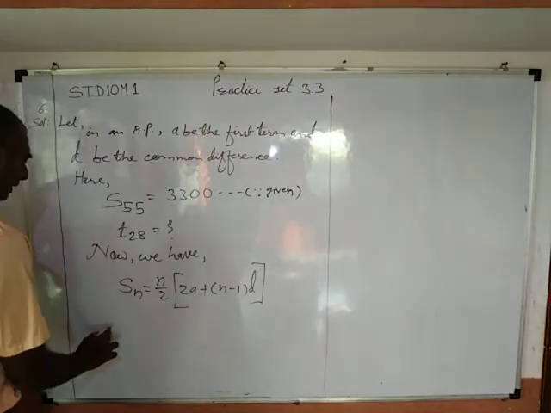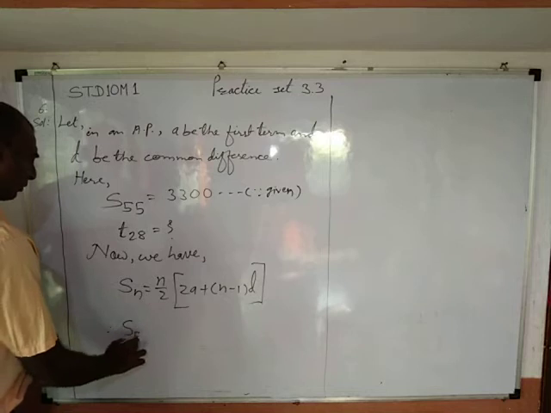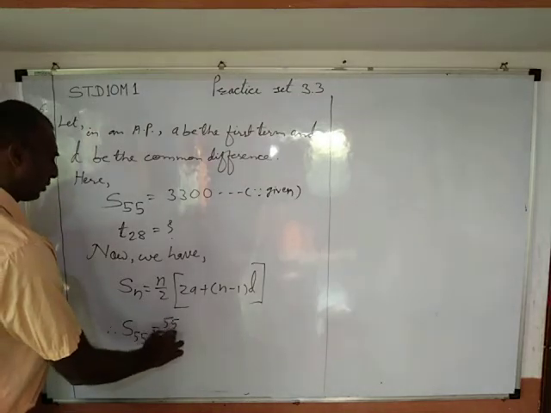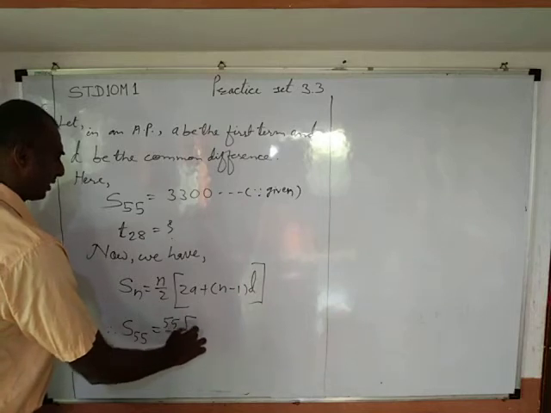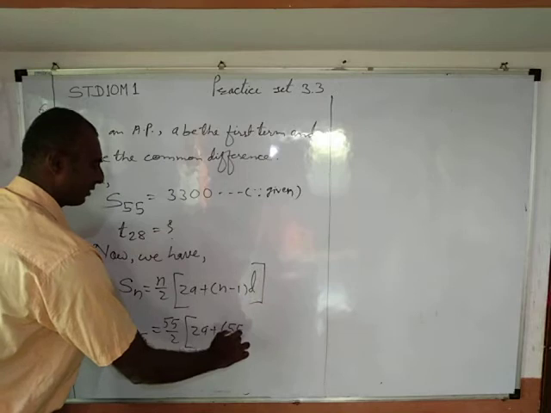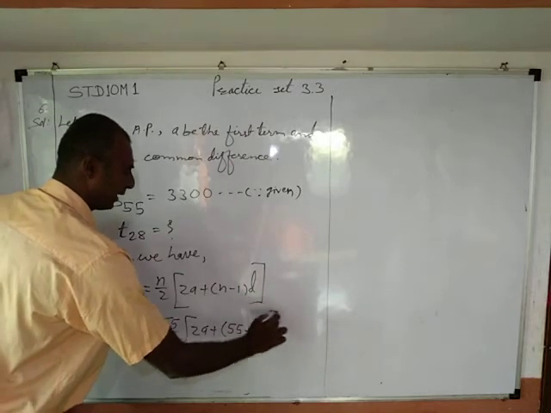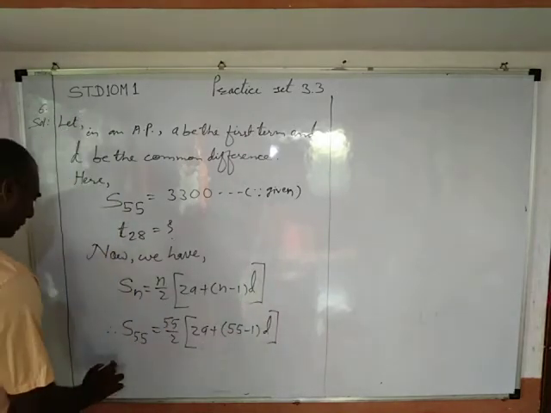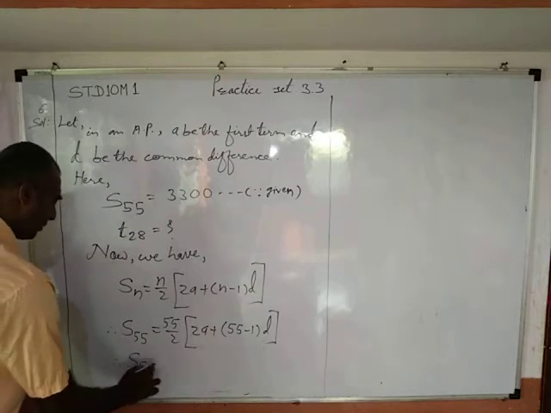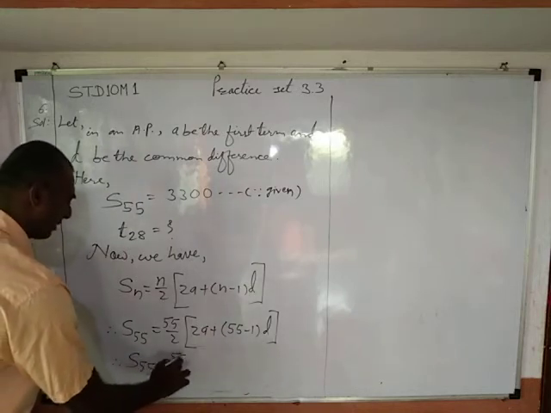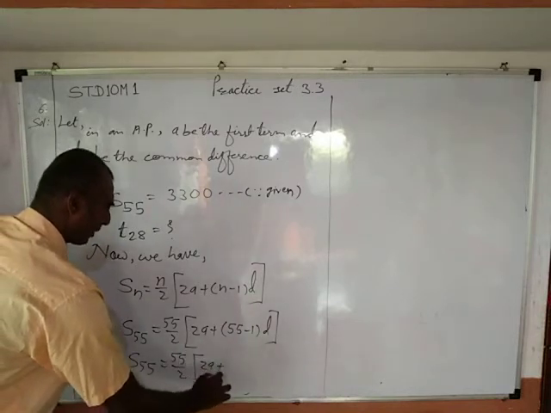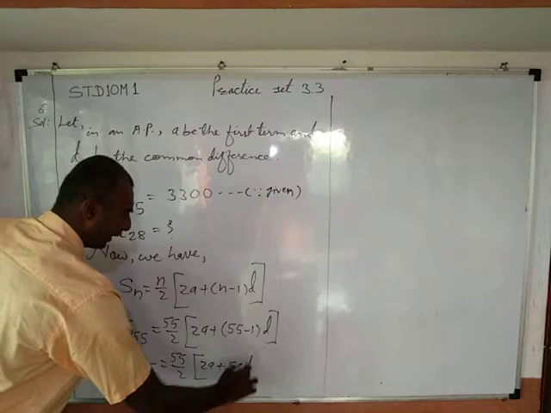Therefore S55 equals 55 upon 2 into the bracket 2a plus 55 minus 1 into d. That gives us S55 equals 55 upon 2 into the bracket 2a plus 54d.